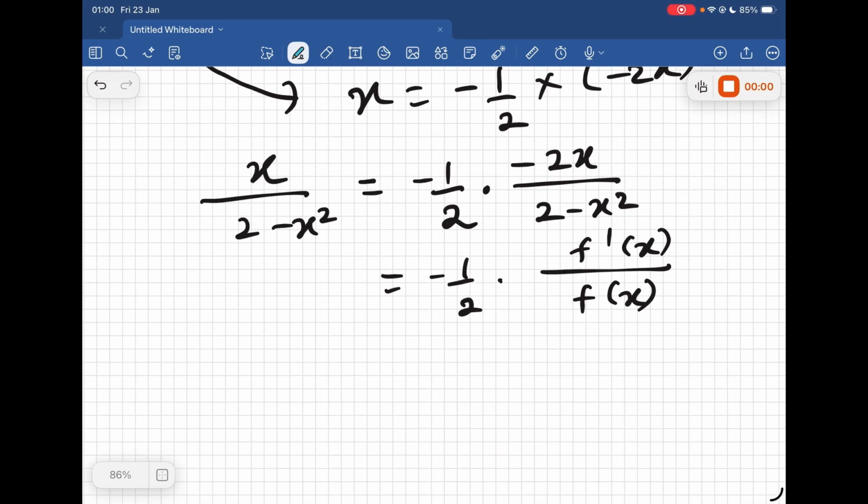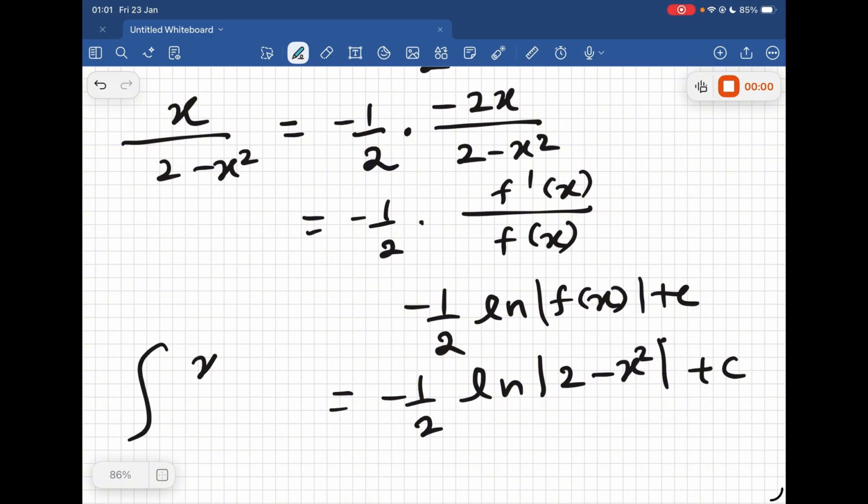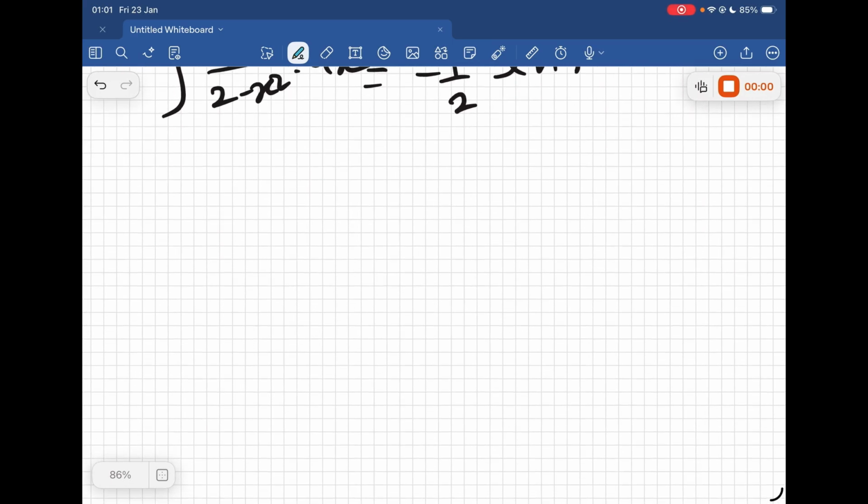If it is f prime x over f of x, then the integral is ln of the modulus of f of x plus c, and then you have the minus half. So your final answer would be minus half ln of the modulus of 2 minus x squared plus c. A very simple approach.